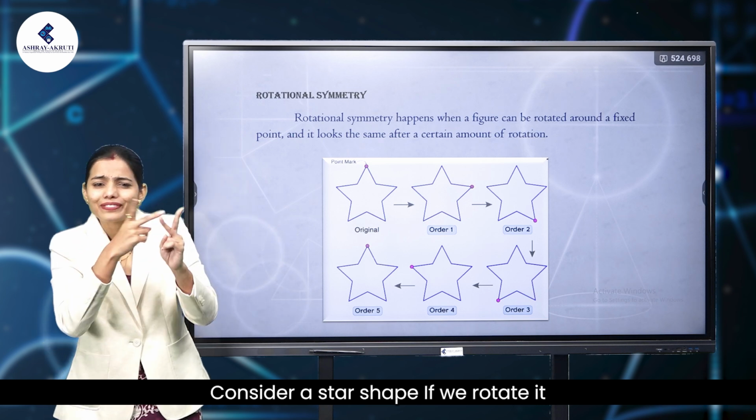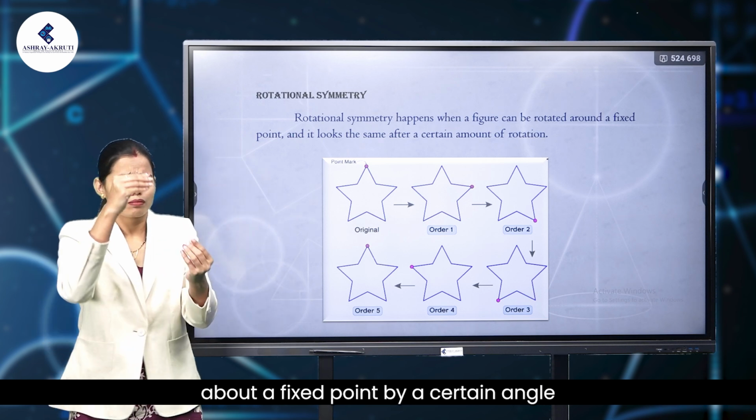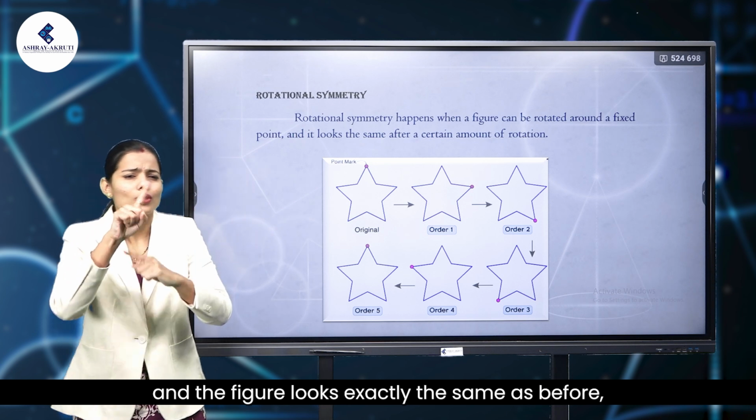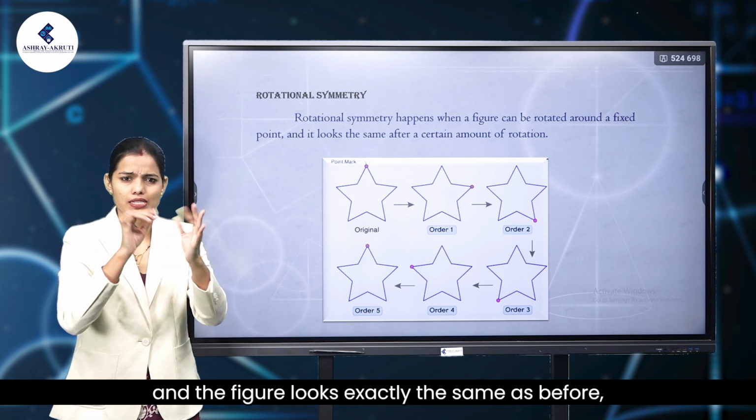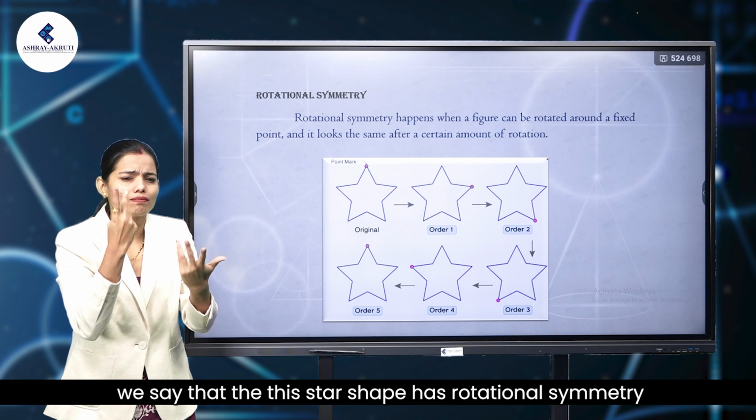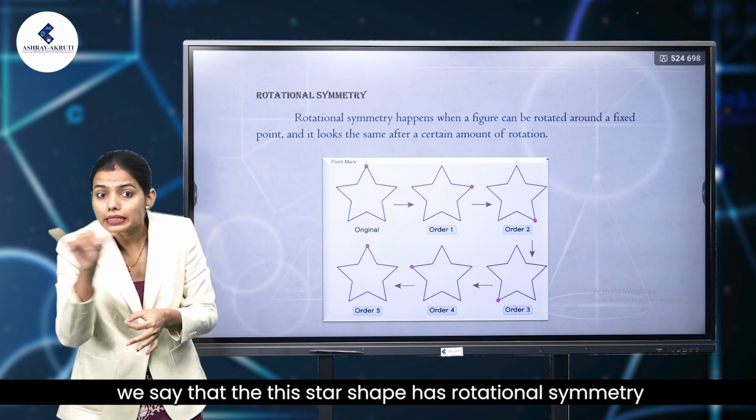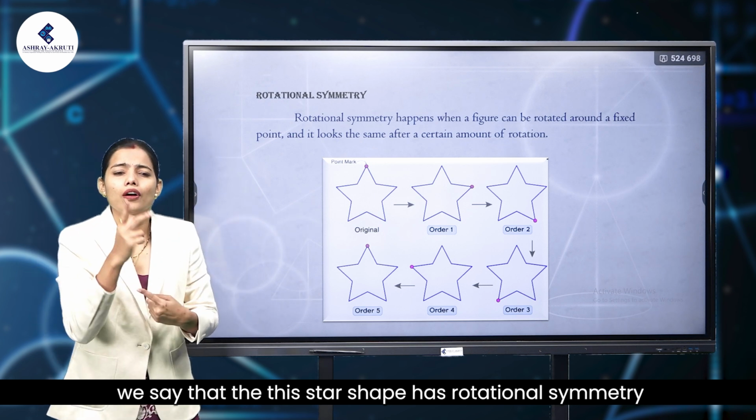If we rotate it about a fixed point by a certain angle, and the figure looks exactly the same as before, we say that this star shape has rotational symmetry.